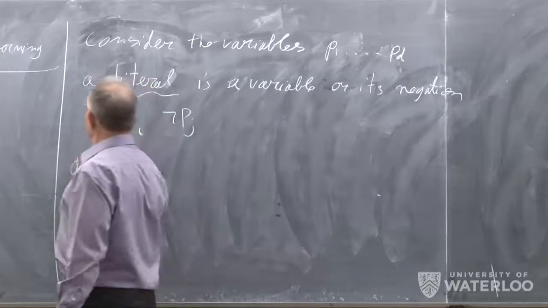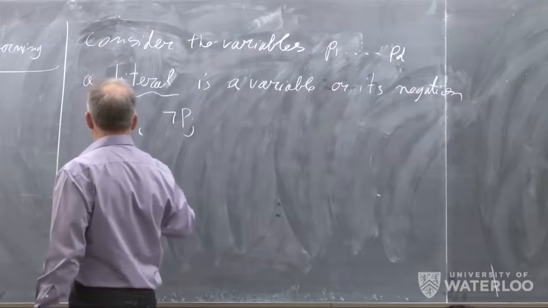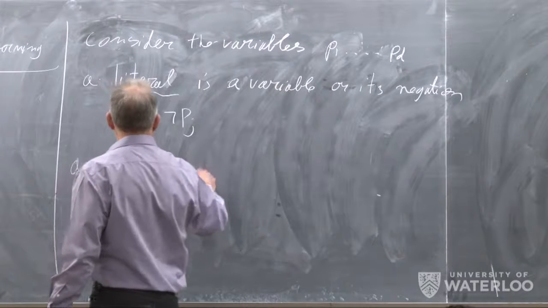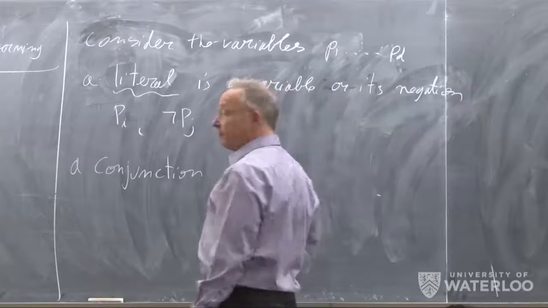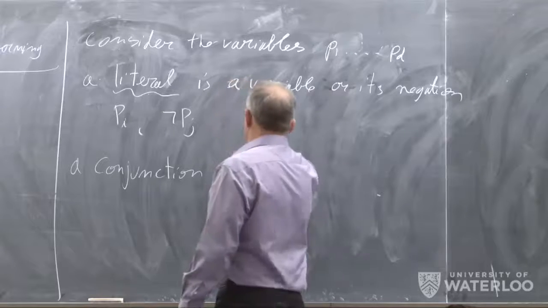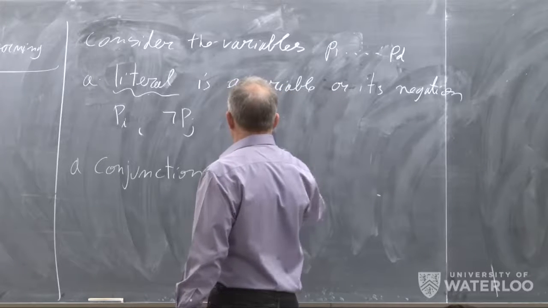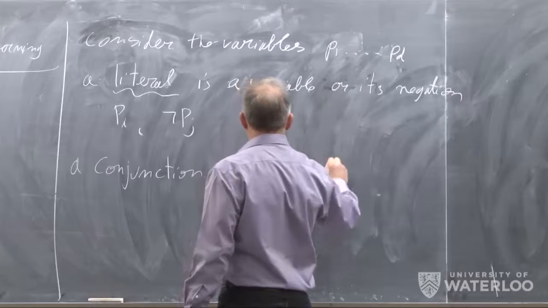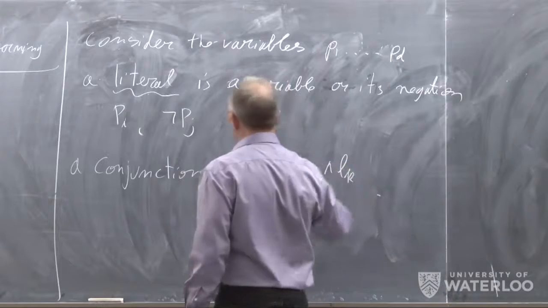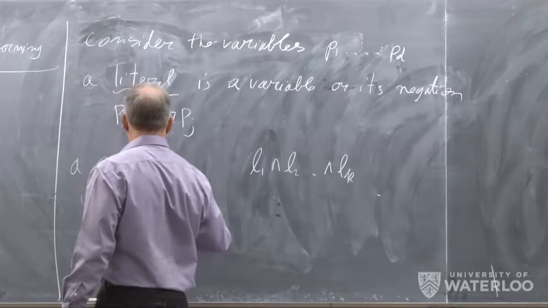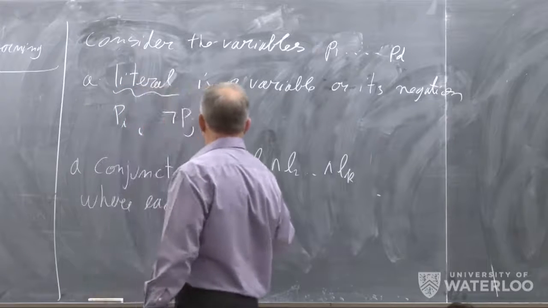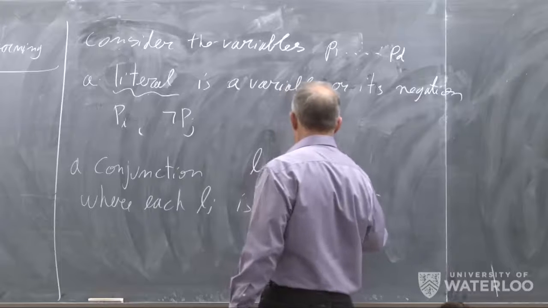So a conjunction is a formula of the form L1 and L2 and Lk, where each Li is a literal.